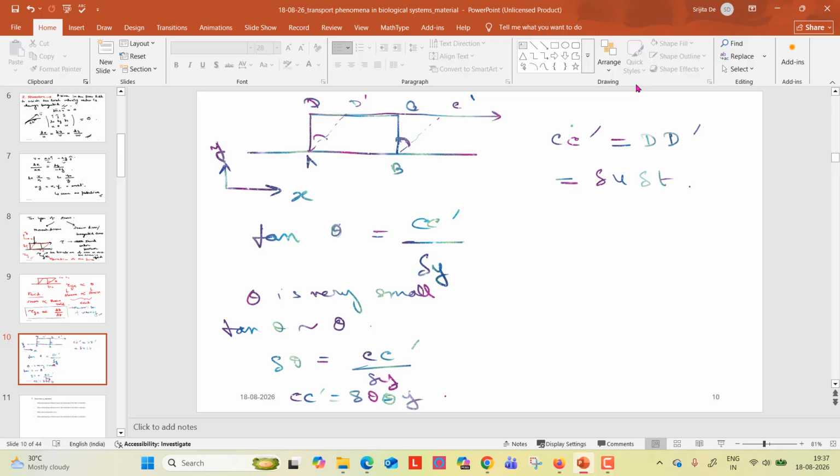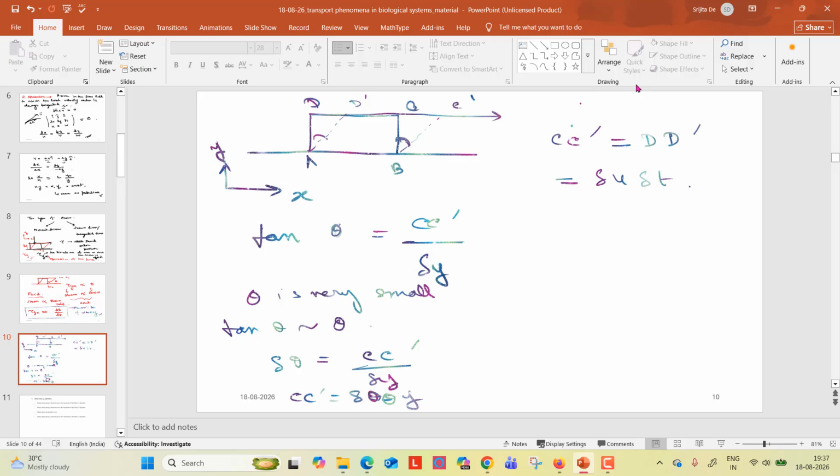Okay. And suppose we are thinking that CC dash is the distance, right? And it has a velocity of u. So CC dash will be delta u into delta t.